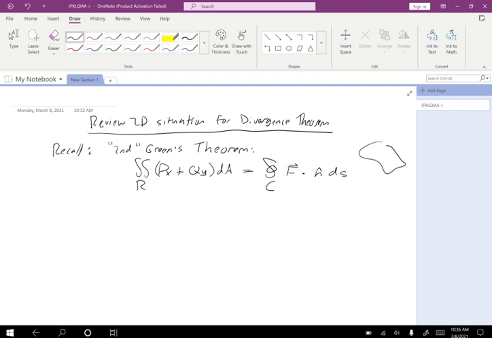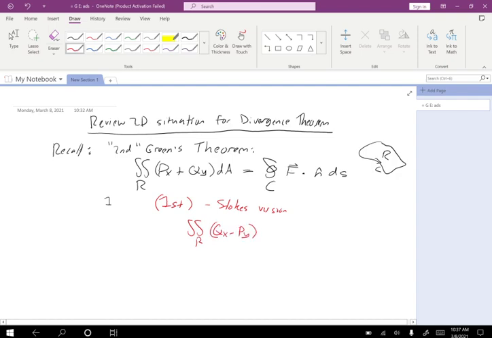And this was in contrast to the original version of Green's theorem. You can call it the first version. And really, this is like the Stokes version, where it looks more like this. It's very similar. Qx minus Py. Q and P are interchanged, and there's a sign difference.